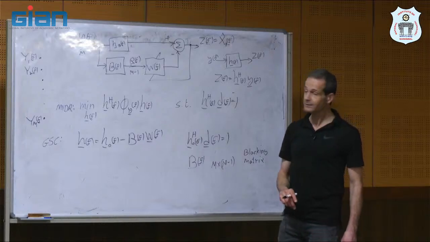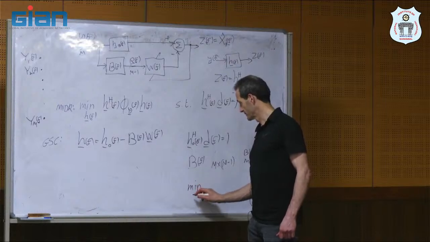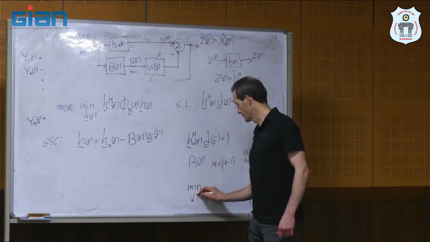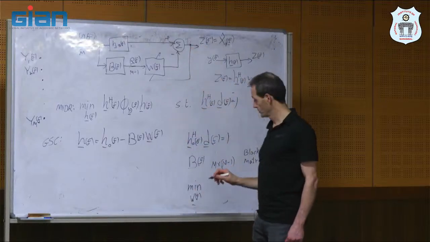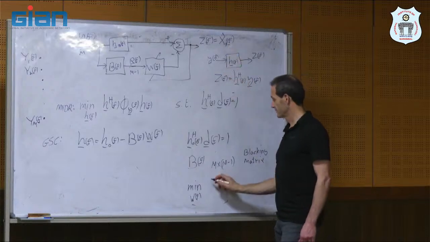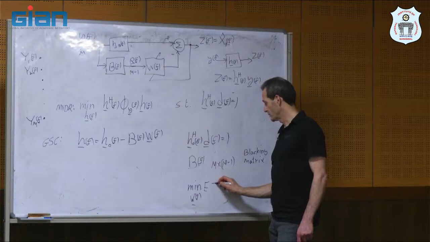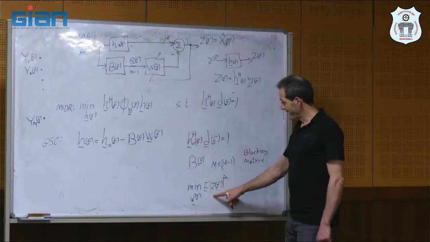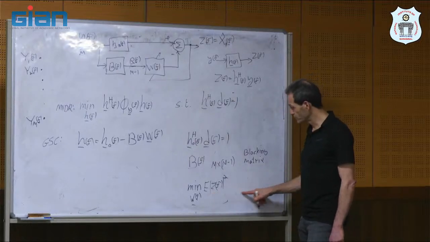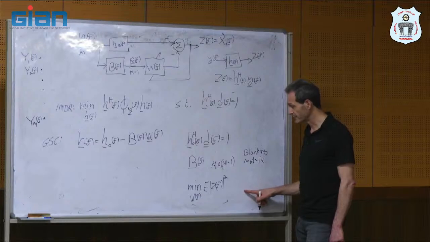Now, the third part, W, is obtained by minimizing the energy at the output. We minimize the energy of Z, the variance of Z. And we don't need to put here any constraint. Why don't we need to put any constraint?